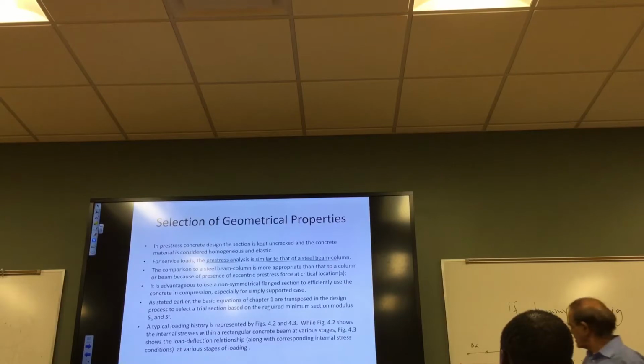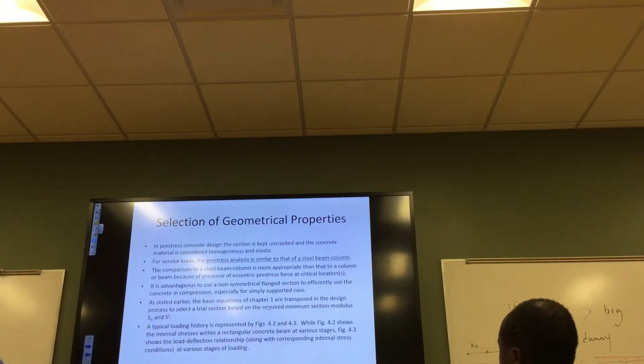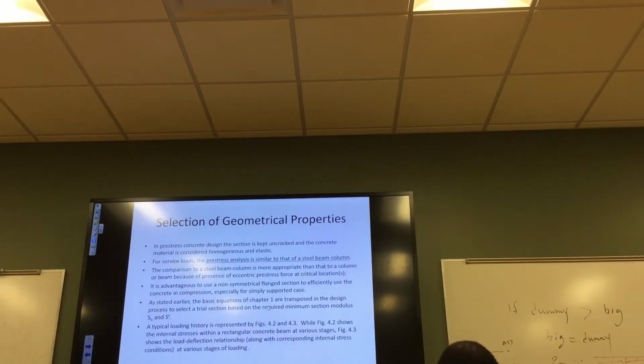What's an example of a symmetrical section? If you don't put the slab on here, that's close to a symmetrical section, symmetrical about this axis and about that axis. Here we have symmetry about this axis, but not about that. So why is it done? You all know this answer, because in concrete design, we use a T-beam more commonly if you want to be efficient, as opposed to a rectangular beam.